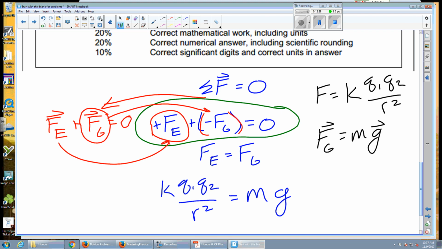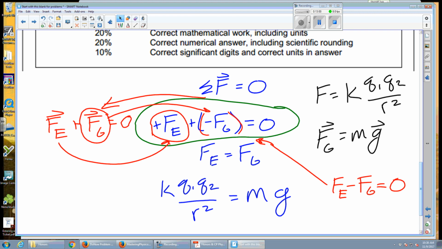Now that I've put those vectors in, and I've represented their directions by positive and negative, I can do what you would think of as traditional algebra on them. Okay? And the step that I skipped, mathematically, was I could have written F sub E minus F sub G equals 0.